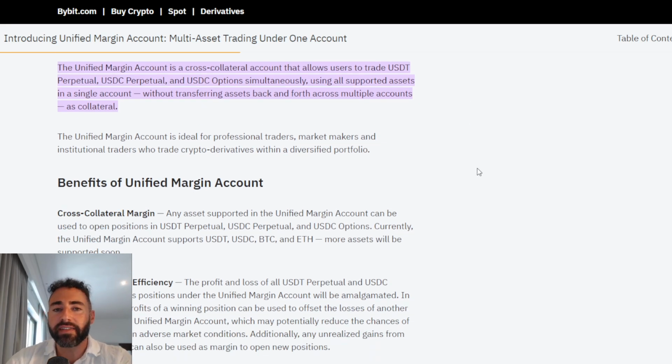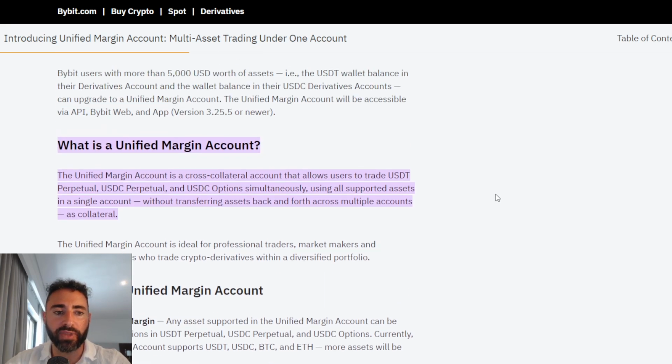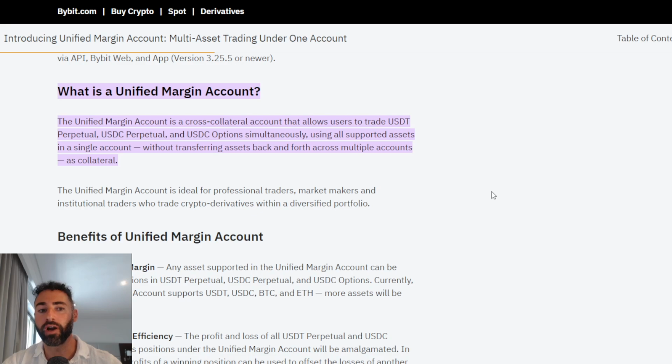So the next thing that I want to get to is another example where you can benefit from unified margin accounts. Let's say that you had an open position on USDT perpetuals and you were making $100 from that position. So you are gaining 100. And then simultaneously you had a USDC options position that was losing $100.